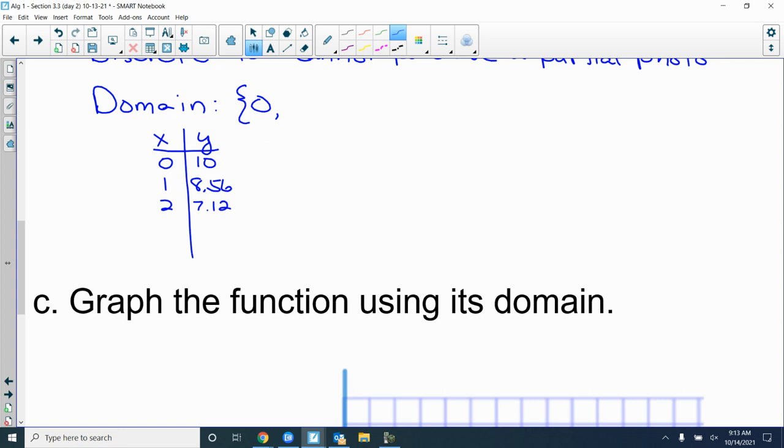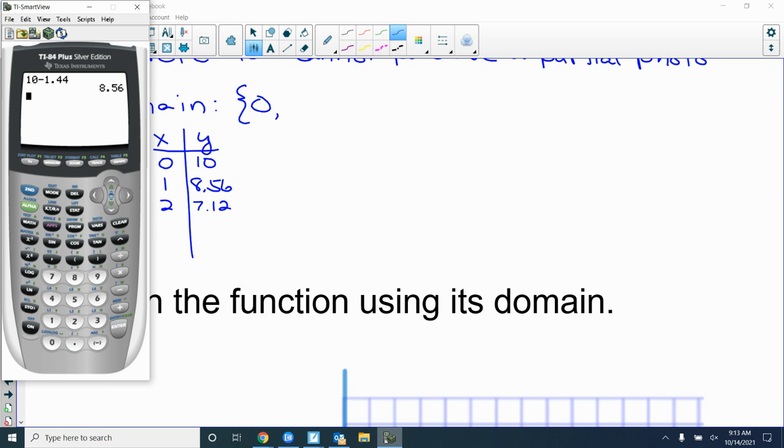Okay, so keep going until we get to where? Until we get below 0. Subtract 1.44 till you get below 0. So I'm going to subtract another 1.44, I got 7.12 minus 1.44, 5.68.